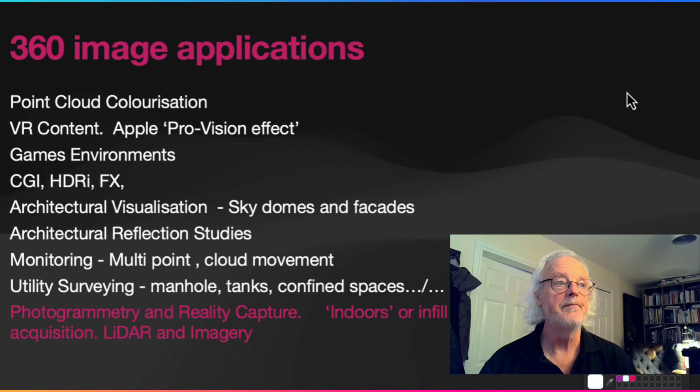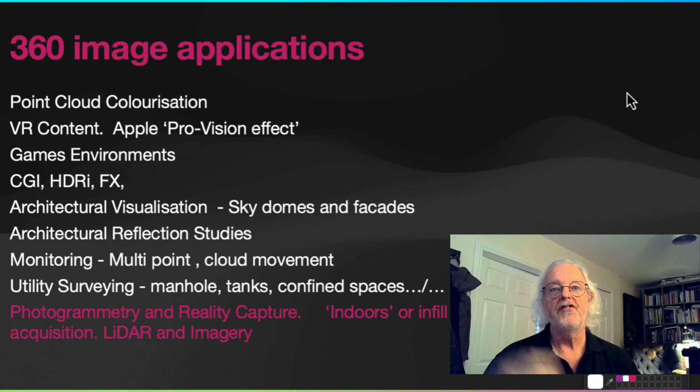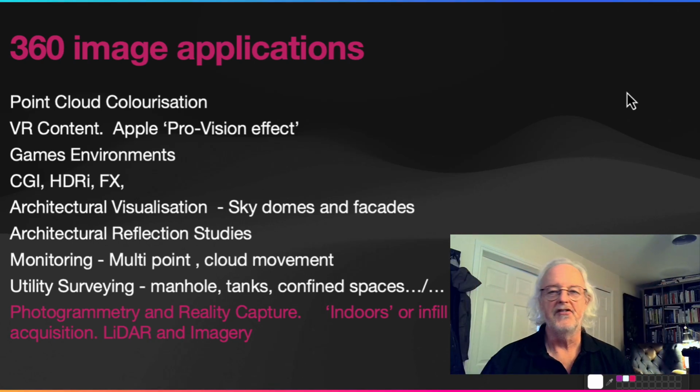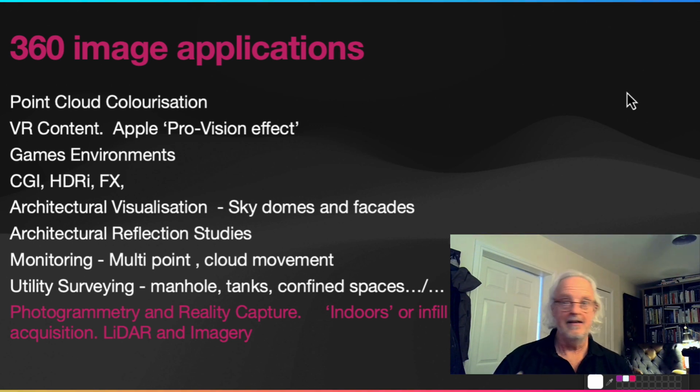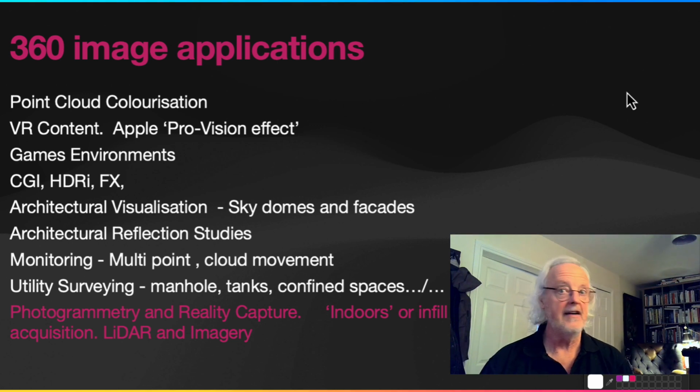So that's just one. But then we go on to another big bunch of stuff, which is really exciting. We're actually using 360 imagery, but more for visualization routes. That could be anything from point cloud colorization, so we can illuminate and colorize things and get consistent lighting in dark areas or brightly lit areas or externally lit areas.